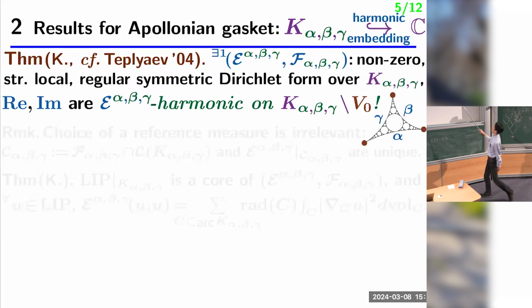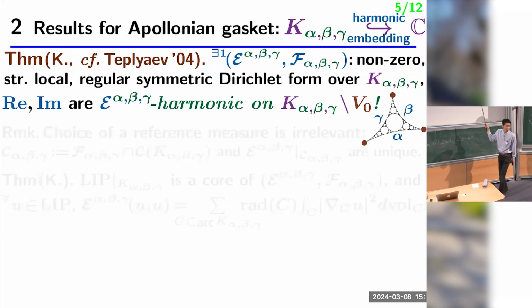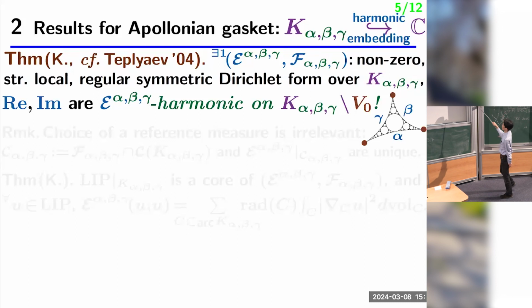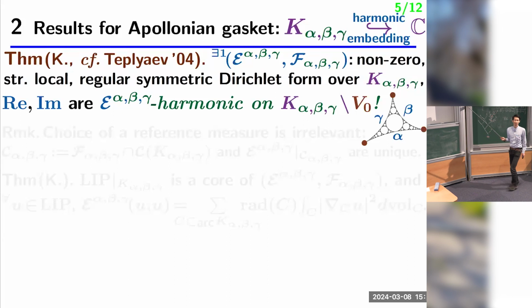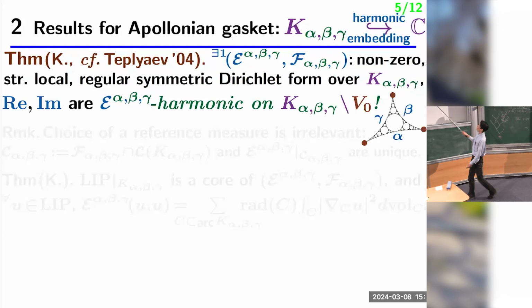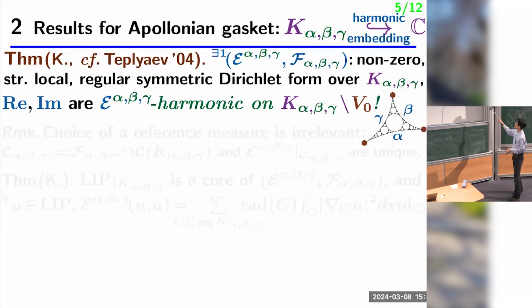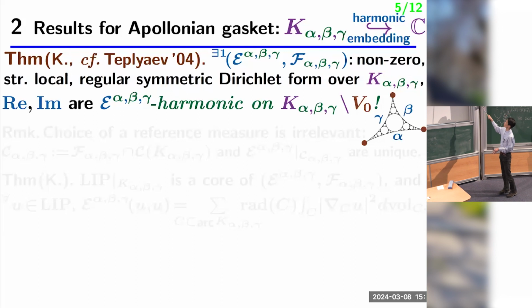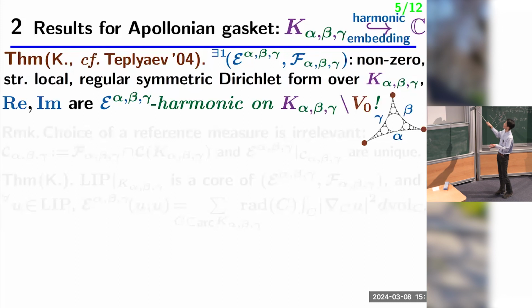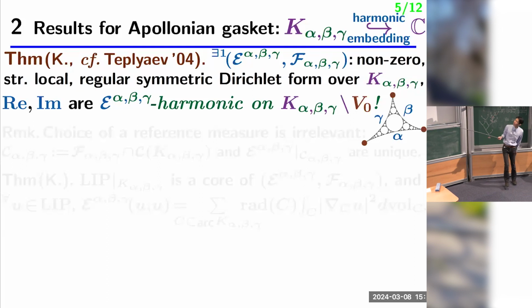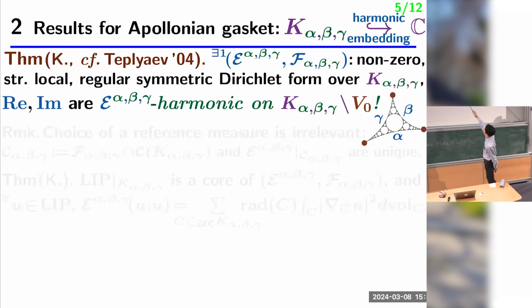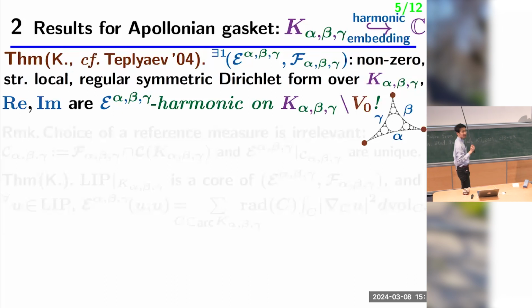Meaning that after having constructed the Dirichlet form, this given geometry becomes a harmonic embedding of the fractal into the plane. It certainly has some natural meaning: the geometry is given, and we construct the Laplace operator so that this geometry becomes a harmonic embedding into the plane. And Teplyaev proved in this paper that there is at least one such construction.